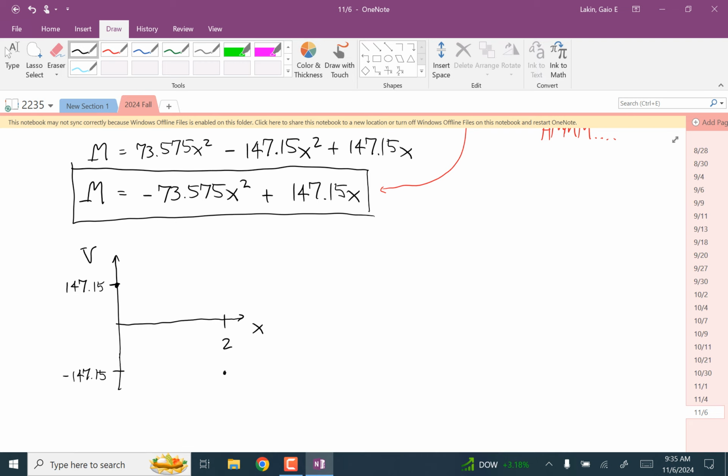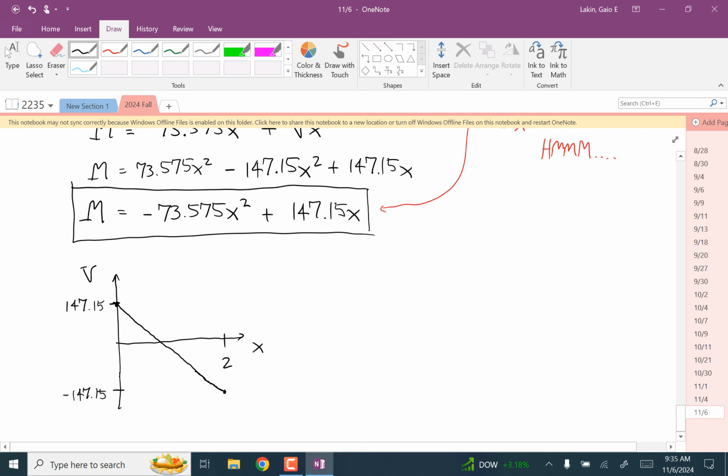I missed. Damn it. Harder than it looks. This should not be the most complicated part of these, though. Okay, so it's a linear function that goes from positive 147 to negative 147.